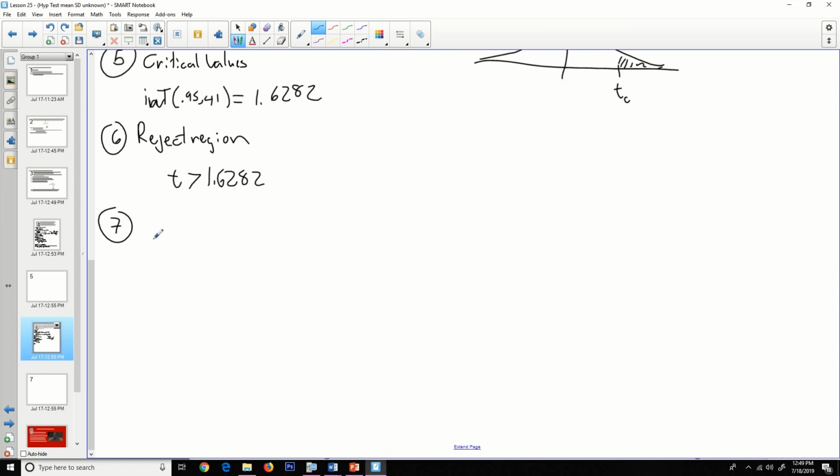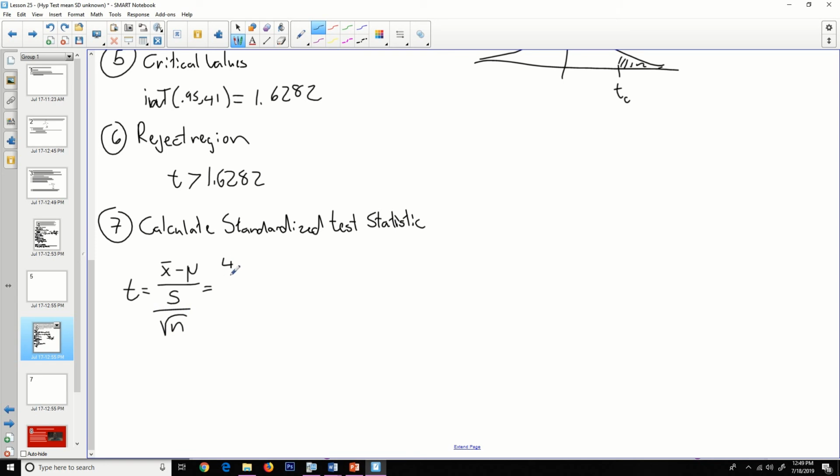What we'll do here is calculate our test statistic. Remember that that was a t value, and that is the sample mean minus the mean over the sample standard deviation over the square root of the number of elements.